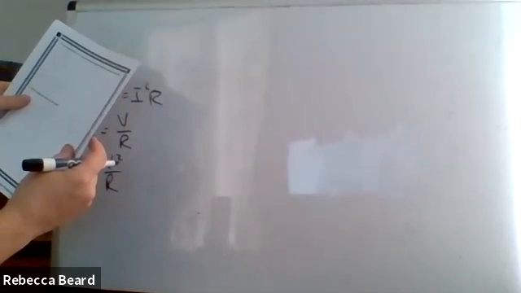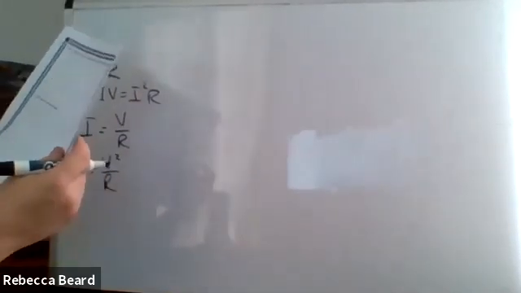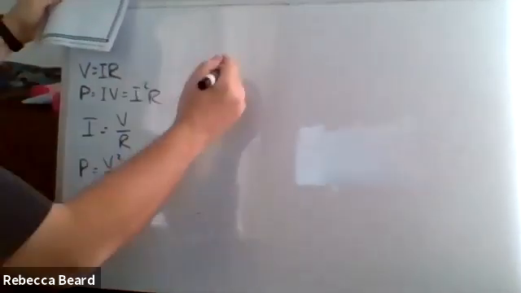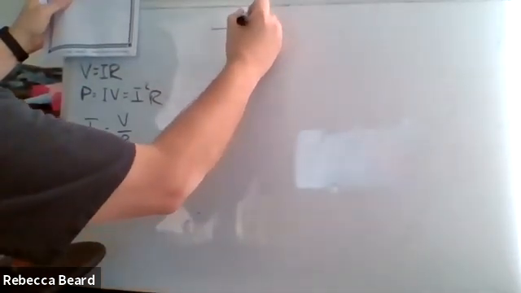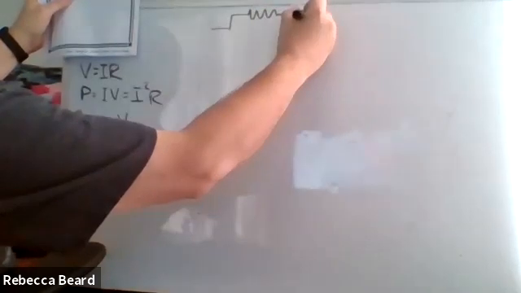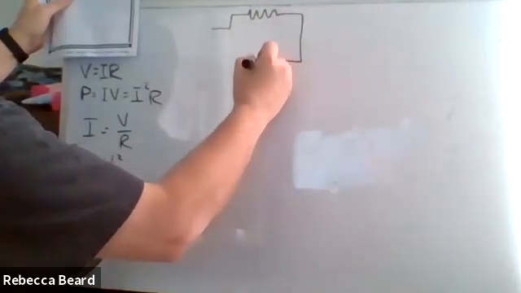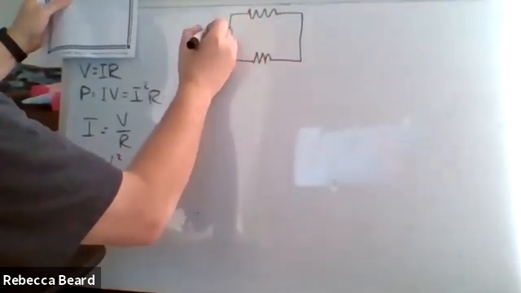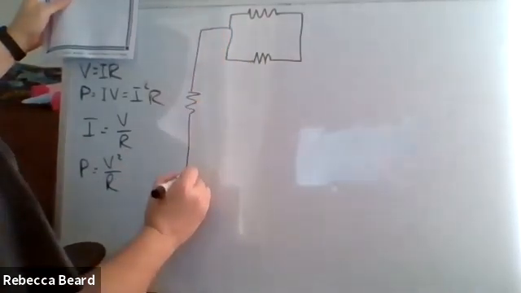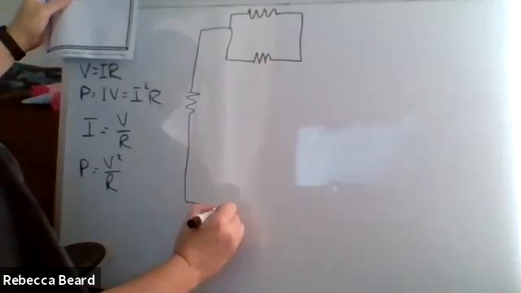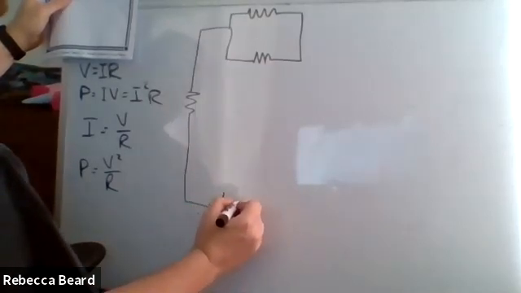What is the power drawn by this circuit? Oh, now we get a really fun one. Yuck, I hate drawing. Let's draw on top here first. And it's going to come down to another resistor. Come down a little further to the battery.